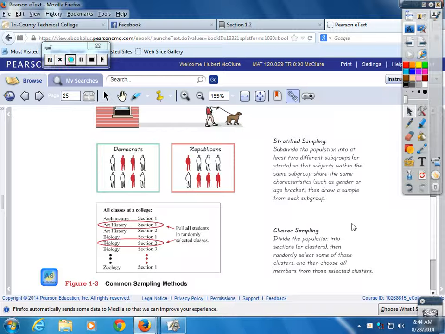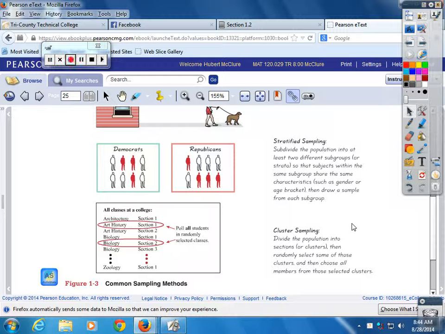Stratified. That's when you take a population and divide it into groups. Male, female. Black, white. Black, white, other. Whatever, okay?